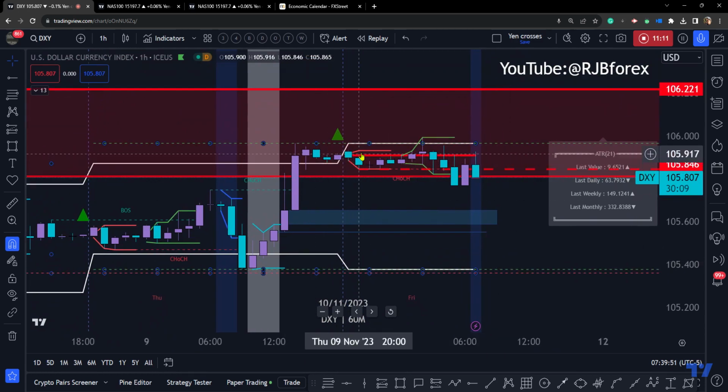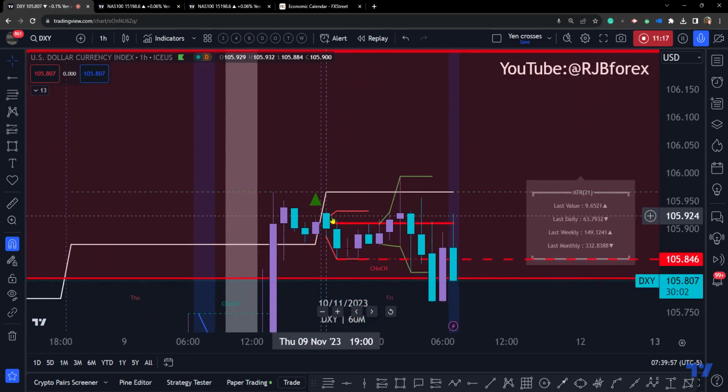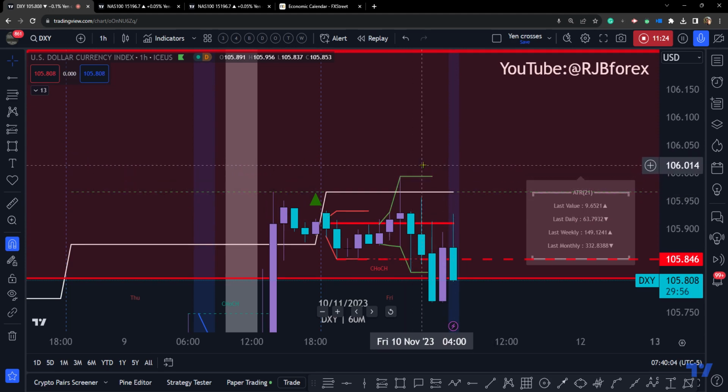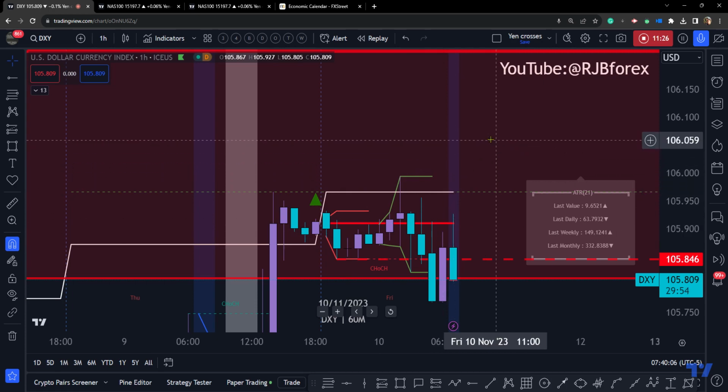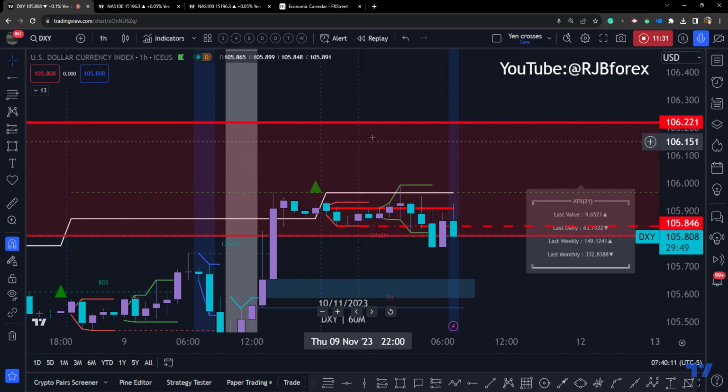If we get back above the closing price of yesterday, which is that red line in the middle of those wicks, and then we can take out yesterday's highs, pairing today's highs, potentially ending up back towards that 106.22.